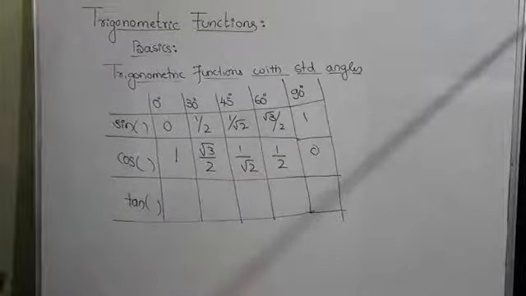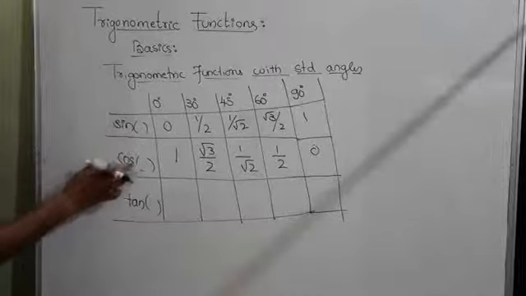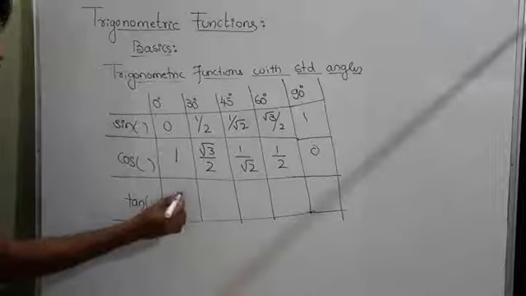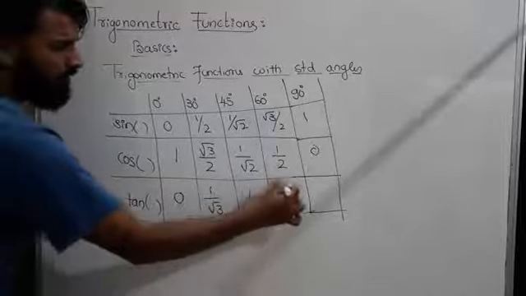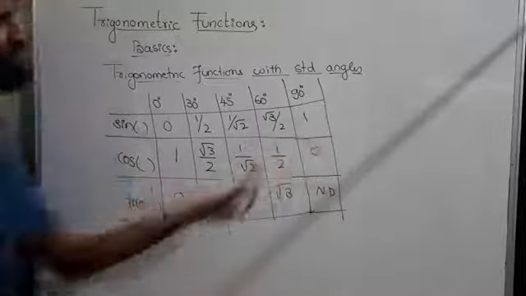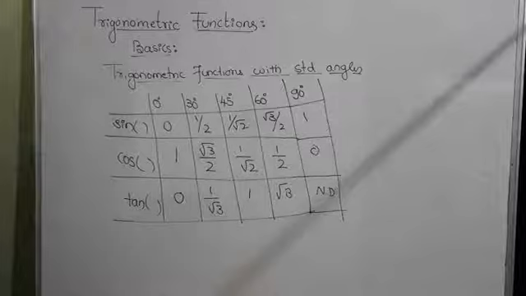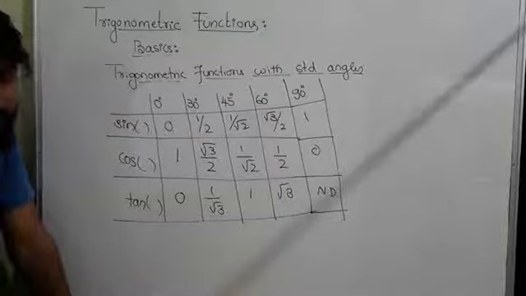And for tan, as we know, tan is nothing but the ratio of sine and cos. So 0 by 1 will be 0. This will be 1 by root 3, 1 and root 3, and this is not defined because 1 by 0 is not defined. I wanted to tell you one more thing here, friends: in coming videos, I am not going to take angles in degree.